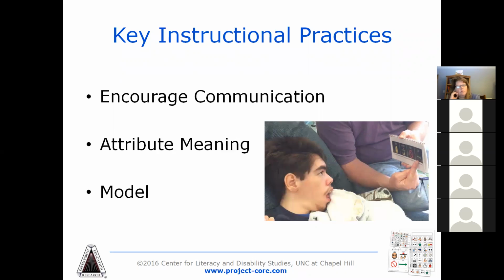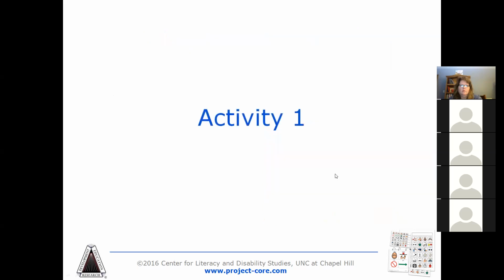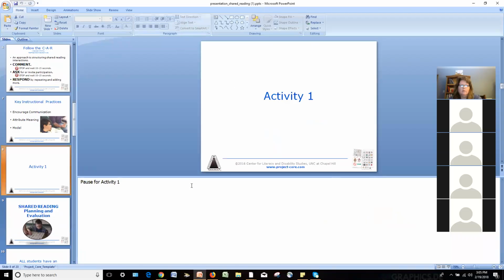Even pre-symbolic communication, when students may use vocalizations and things like that, taking opportunities to attribute meaning to what that student might be communicating, and then modeling, just modeling over and over again use of core vocabulary and the symbols. So that was a recap of some of the big ideas.